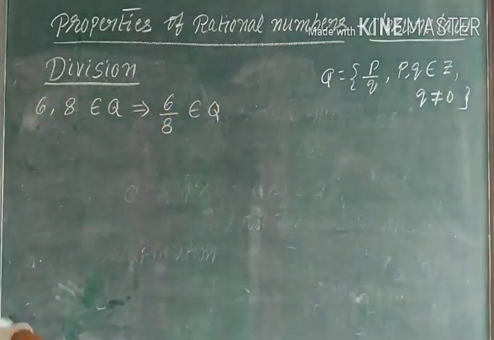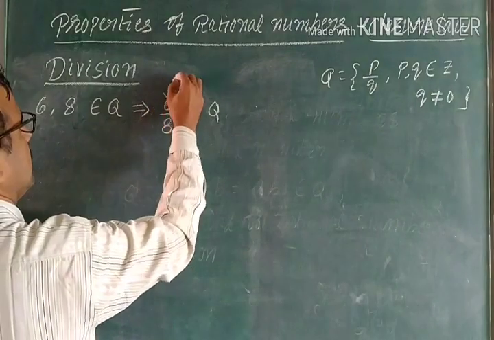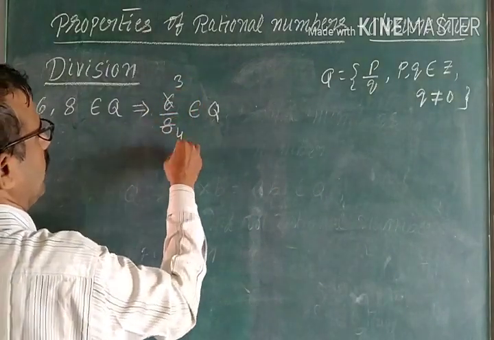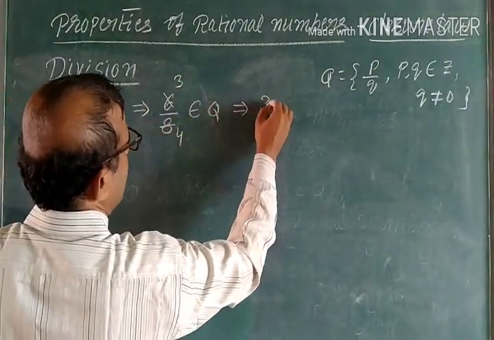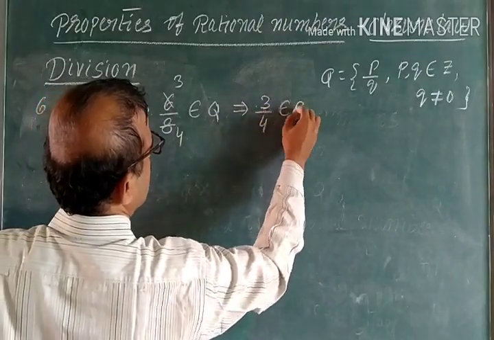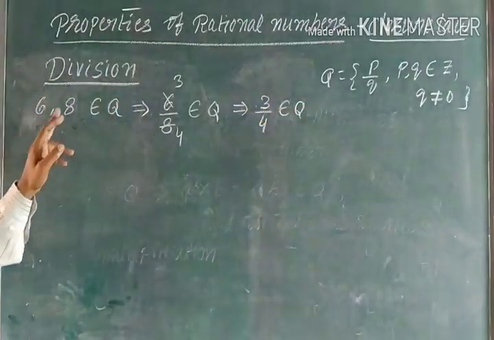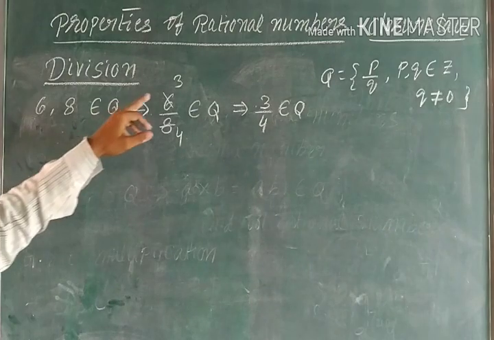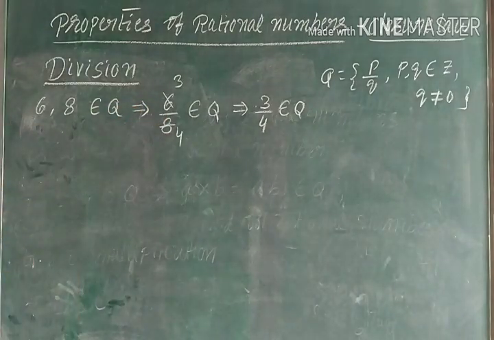6 by 8 can also be written as, dividing by 2, 3 by 4 belongs to Q. So 6 is a rational number, 8 is also a rational number, then 6 by 8 is also a rational number.